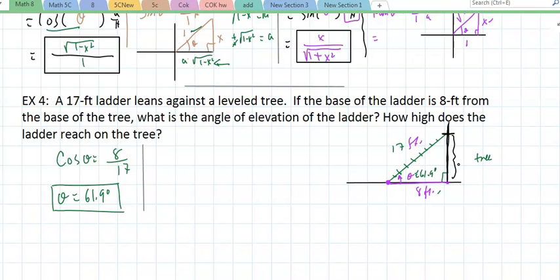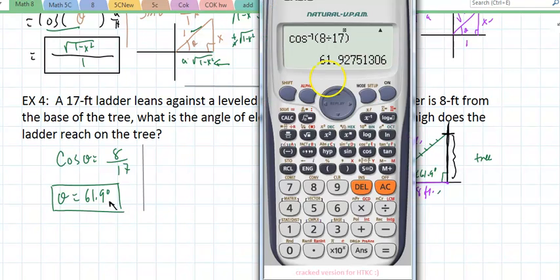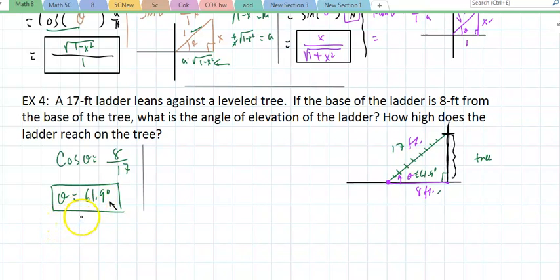If you use the 61.9 degrees, now you're rounding. Your answer will be slightly off. I'll let it slide, but you have to take this into more decimal places if you're going to use it. At least 3. So you could say 61.928.